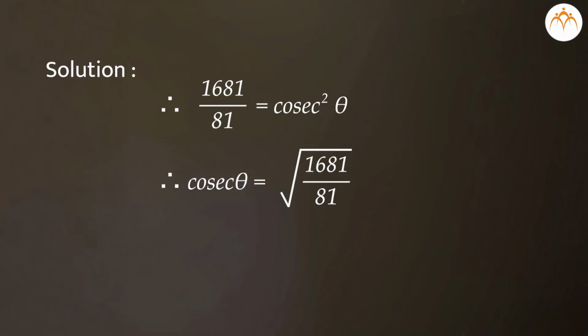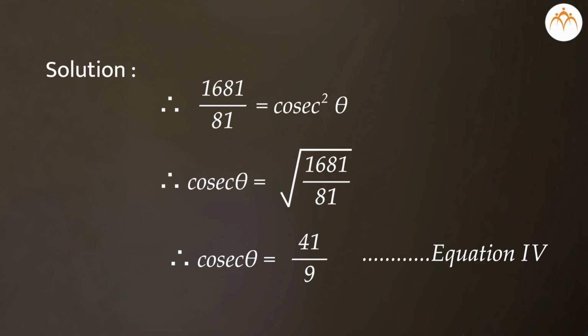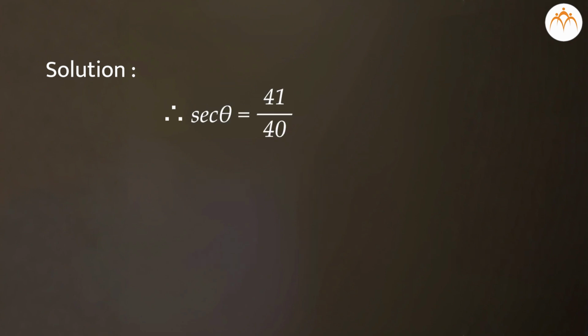Therefore, cosec theta is equal to square root of 1681 upon 81. Therefore, cosec theta is equal to 41 upon 9, equation 4. Therefore, sec theta is equal to 41 upon 40 and cosec theta is equal to 41 upon 9.